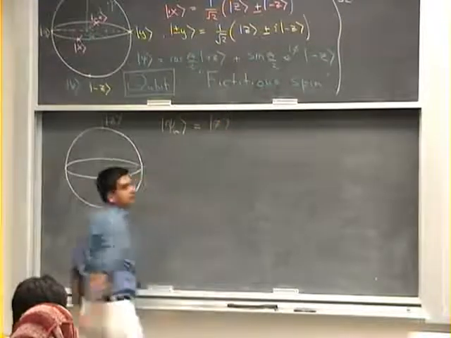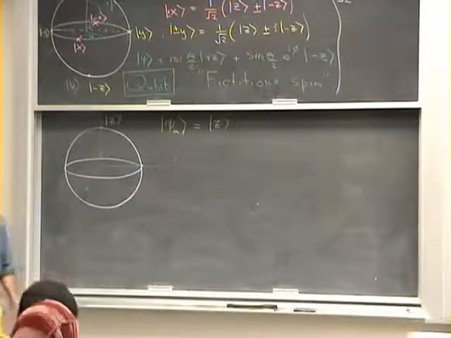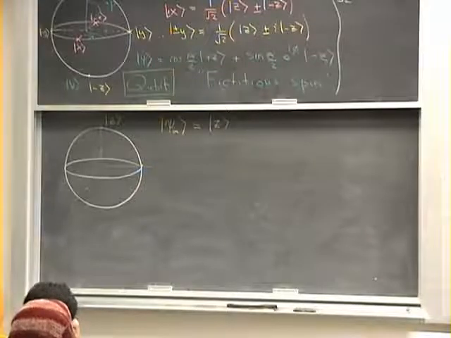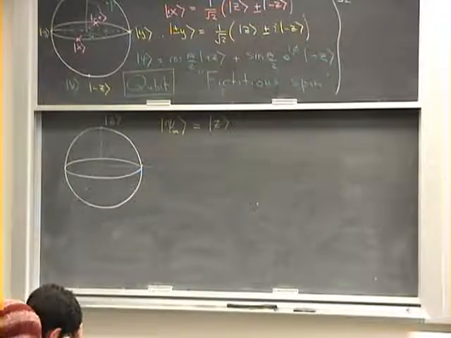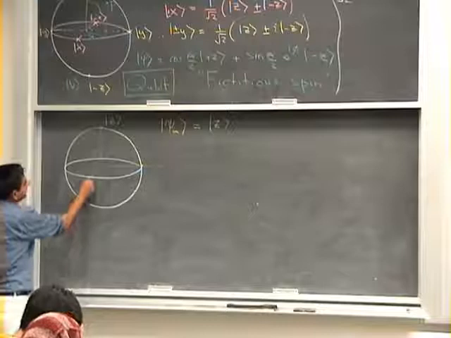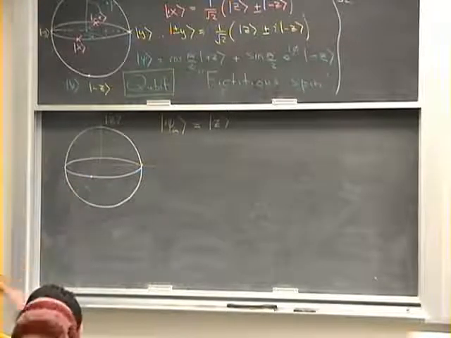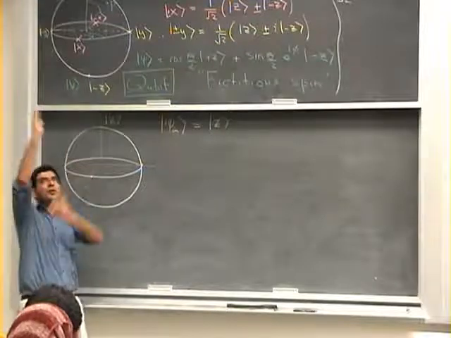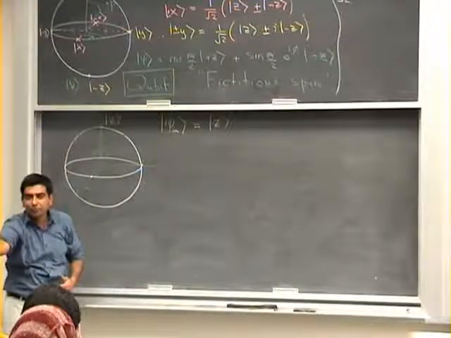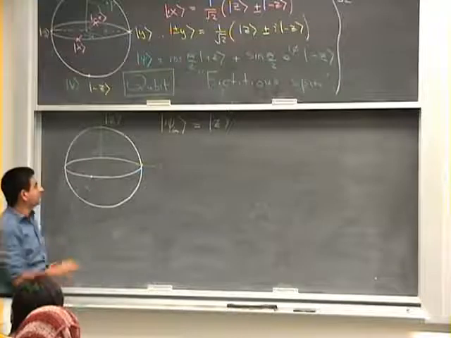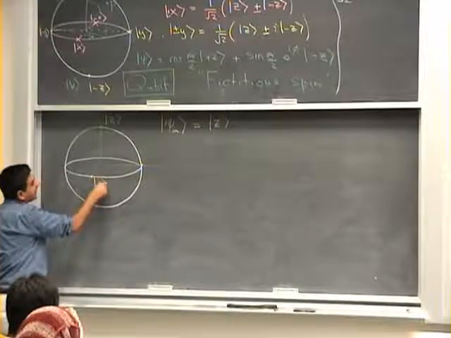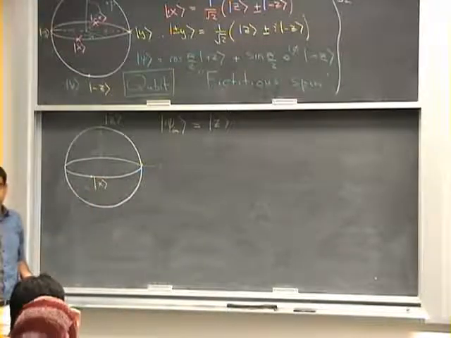Now I would like to rotate this state, which means I would like to apply a unitary operator on this state, such that my final state lands up here. So I want to apply an operation so that I start off from ket z and I land onto ket x. That is, I want my final state to be ket x, which is an equal superposition.